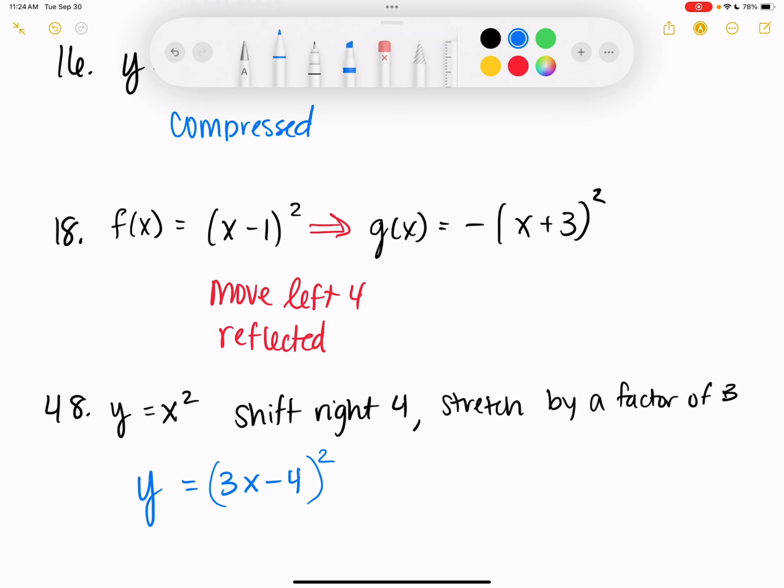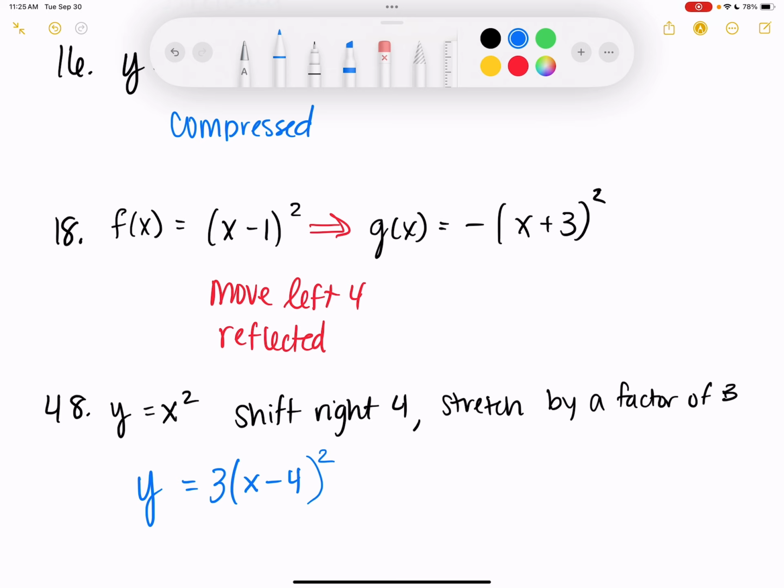Wait, the 3 is inside? It's not outside? Yeah. It can technically go either place. I was just doing it because that's the way he said it. A vertical stretch should technically be here. But if you put it inside, I wouldn't take off for it because we're not talking about that. We just are knowing that it's stretched. So if you put it inside or you put it outside, I'm not going to take off.